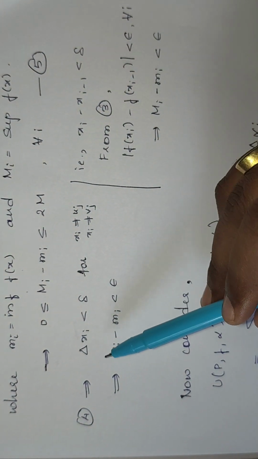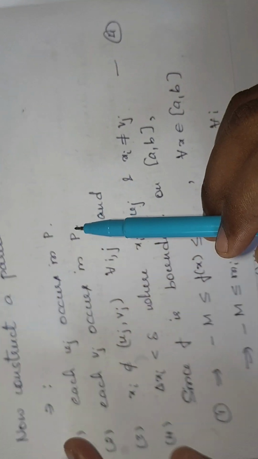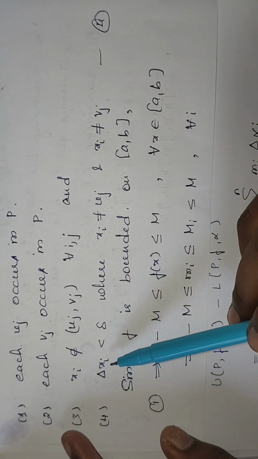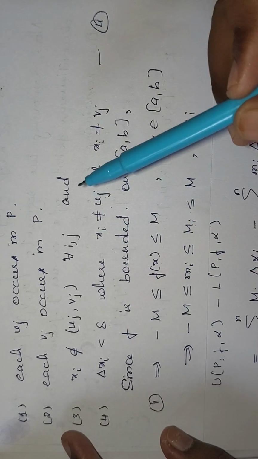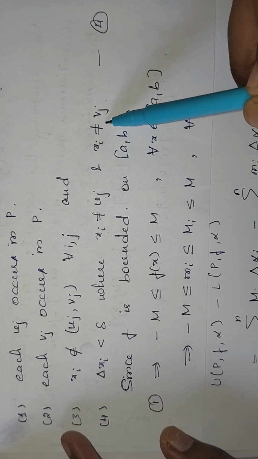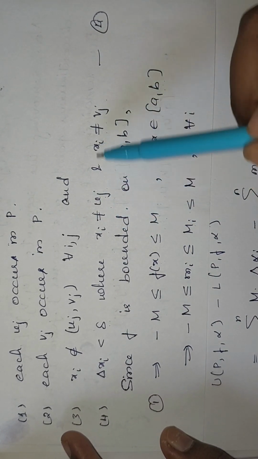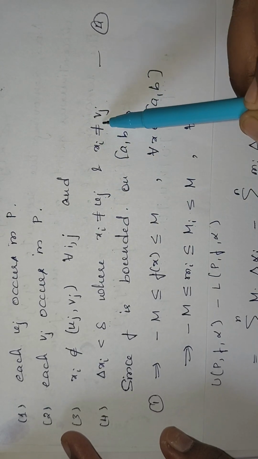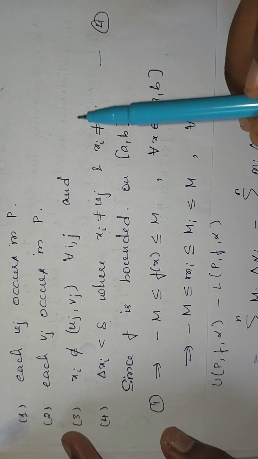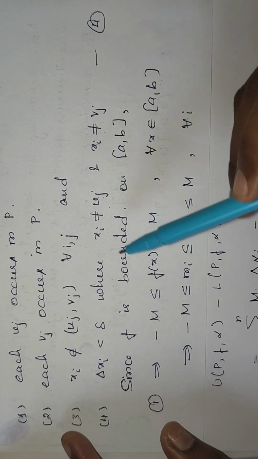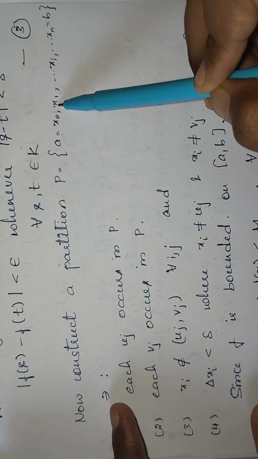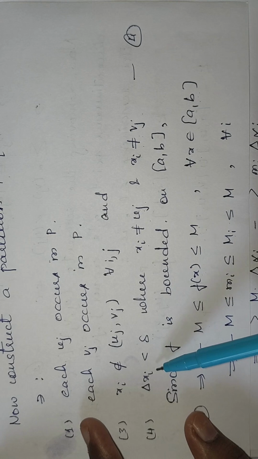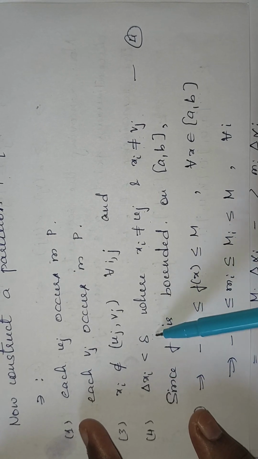See, and from 4, what we have taken 4 as? See here, actually the 4 is this: delta xi is less than delta where xi is not equal to uj, vj. So apart from these uj, vj, any xi chosen from this partition P will have its difference with the consecutive points less than delta.